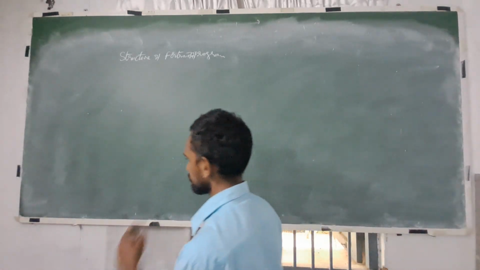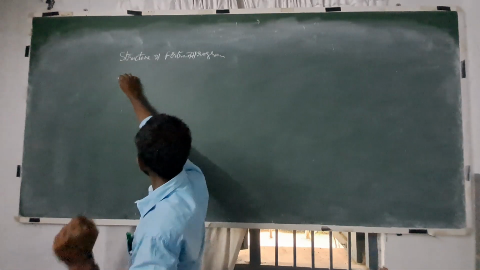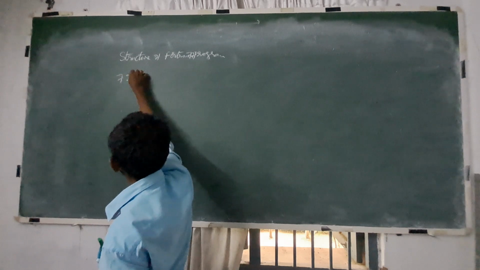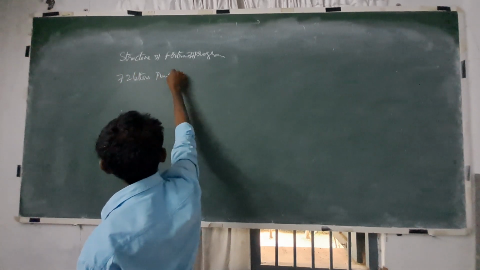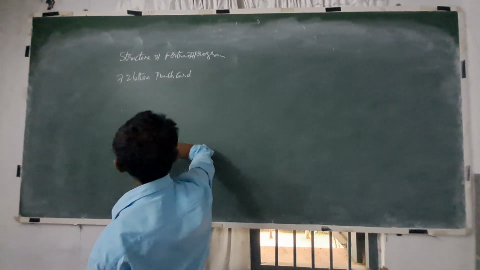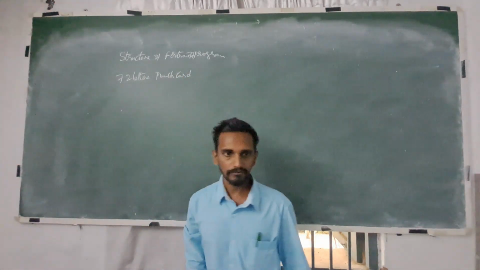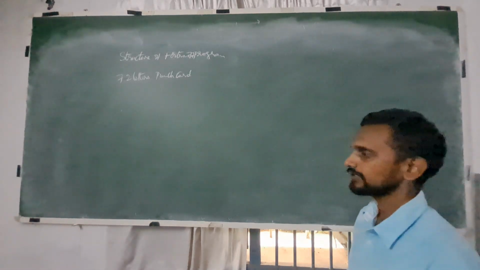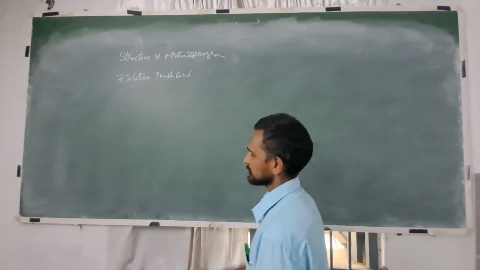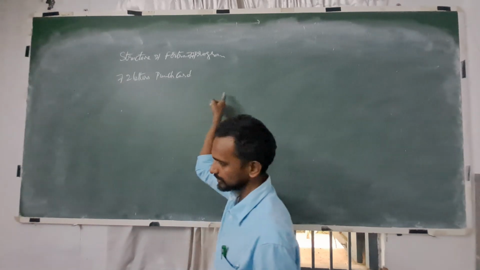The width of a punch card was 72 columns, so there will be 72 locations.